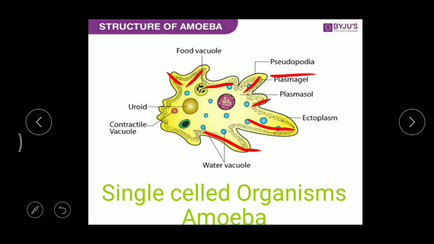Pseudo means false, and podia means feet. That means these are not real feet. Depending upon the need, the number of pseudopodia can be increased or decreased. That's why whatever shape you find now, the same shape cannot be seen after some time in the same animal. That's why we consider this an irregular animal, right?